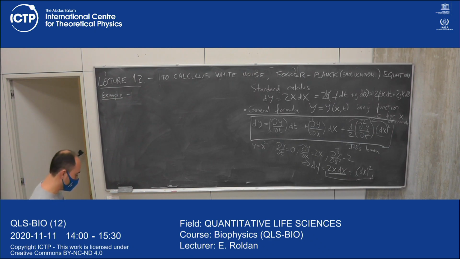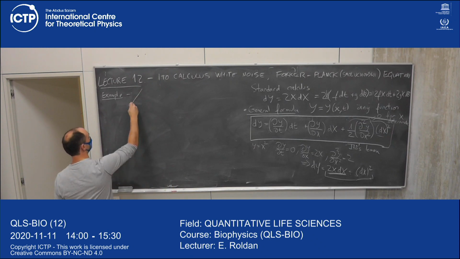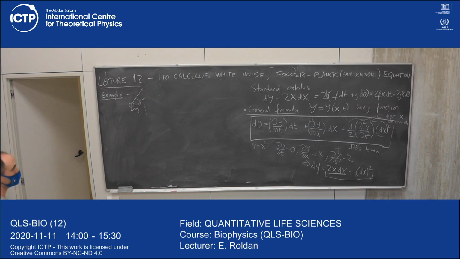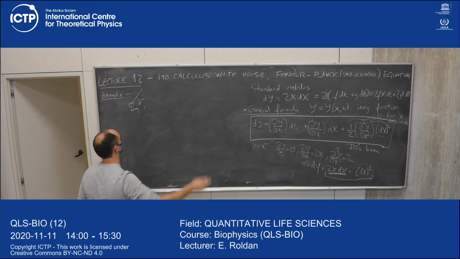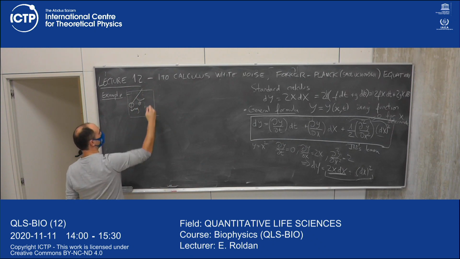Think about a pendulum. You have a pendulum with a mass. This is the vertical, this is the angle theta. You could think about the motion of the angle. Imagine this pendulum is in a fluid, and there is a friction coefficient gamma.